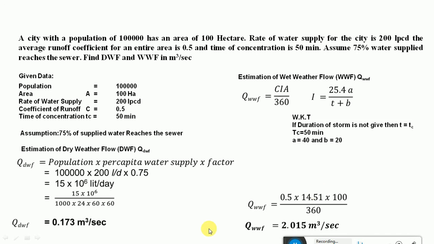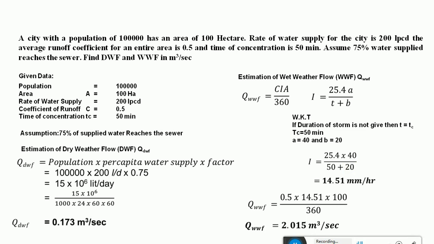Then we substitute these A and B in the above formula, that is I is equal to 25.4 into 40, divided by the storm duration, 50, plus the value of B, which is 20. In this case the intensity of the rainfall will be 14.51 millimeter per hour.